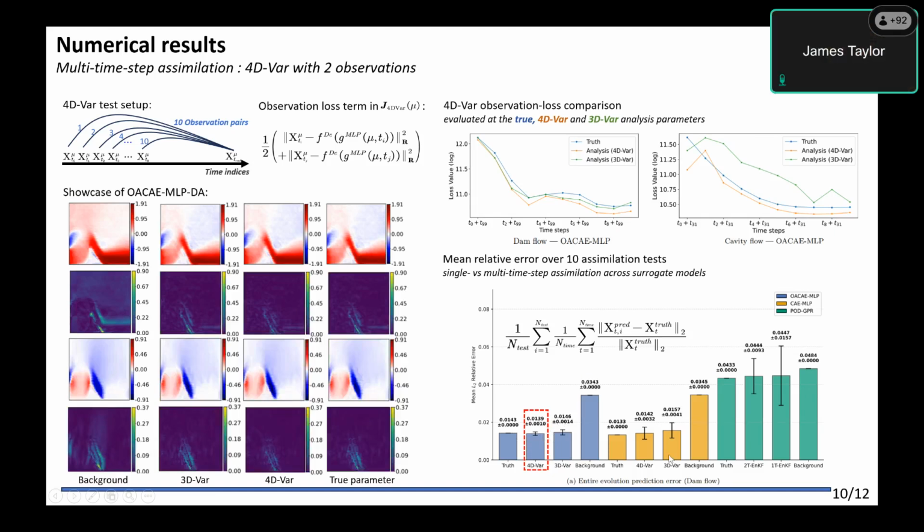This indicates that the parameter calibration is beneficial not only at the observation points, but also for the global evolution, and that the overall prediction quality can be significantly improved using only one or two observations. And here is a field visualization and error maps at a certain time step of the combination of OACE MLP DA model.